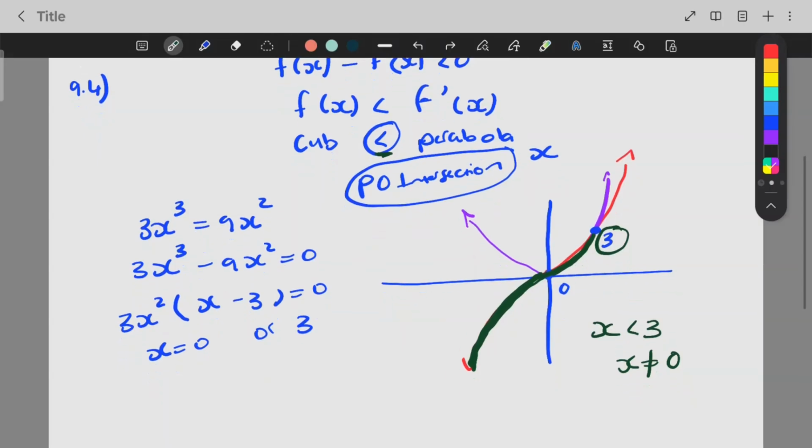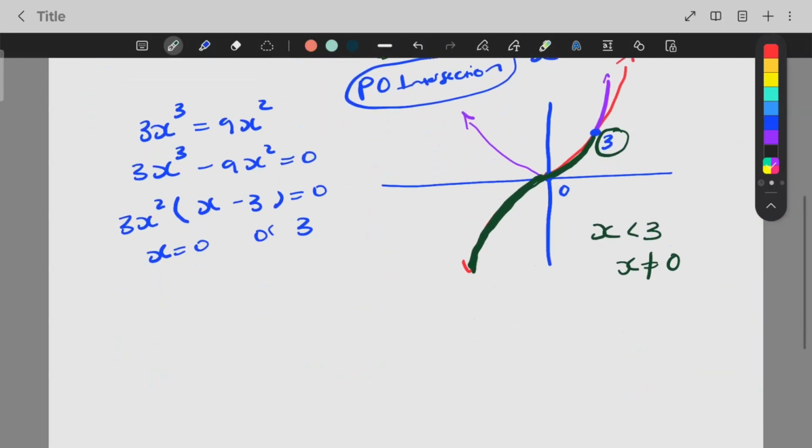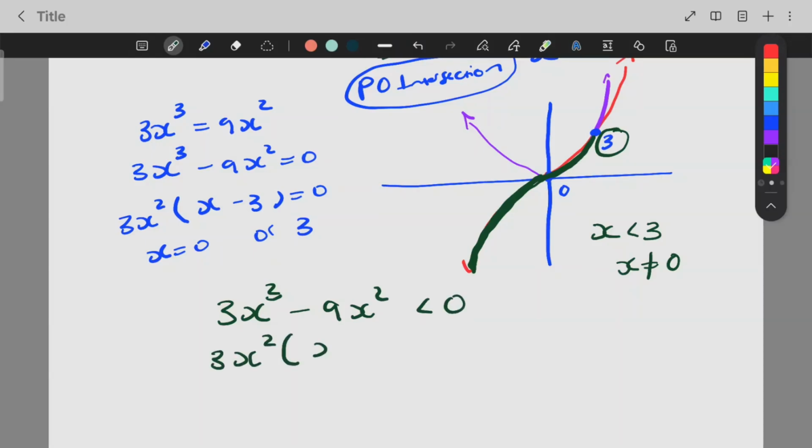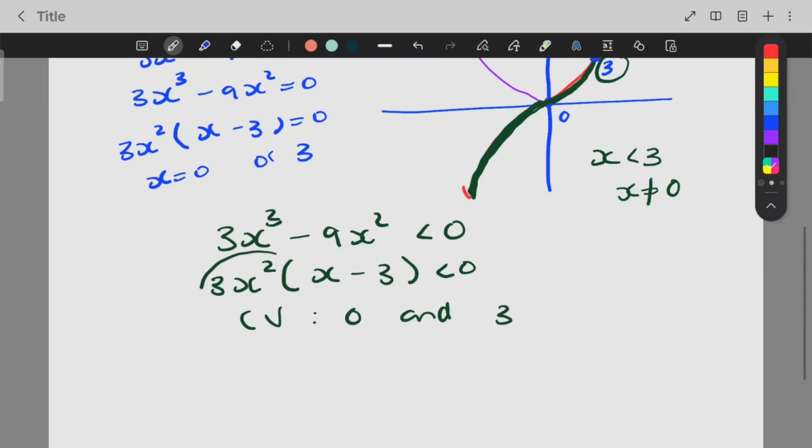Or you can take this part and write it like this: where is the cubic function minus the parabola less than 0? And you do it like a normal inequality. You factorize, and then you have critical values. The critical values are 0 and 3. So then here you would say, this is always positive.